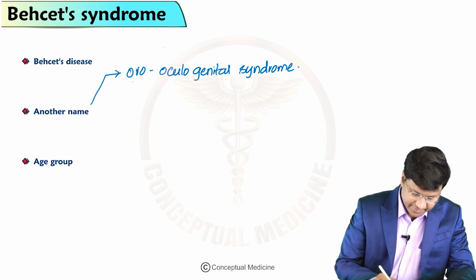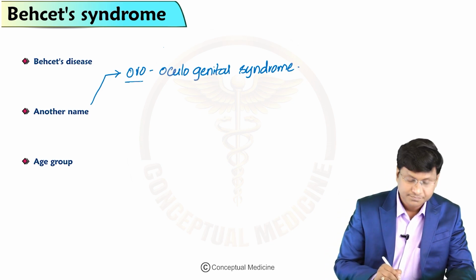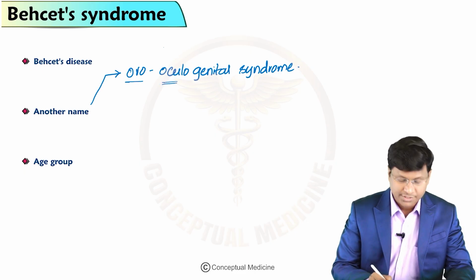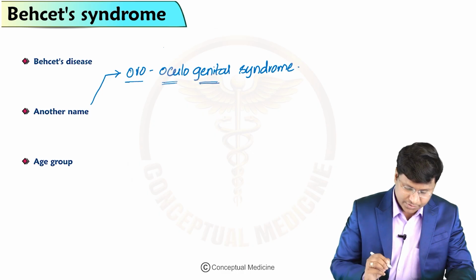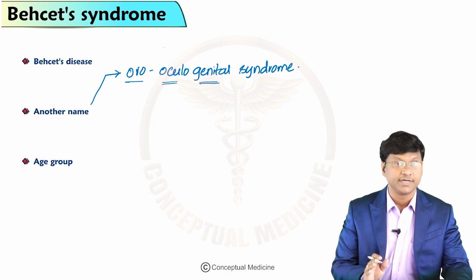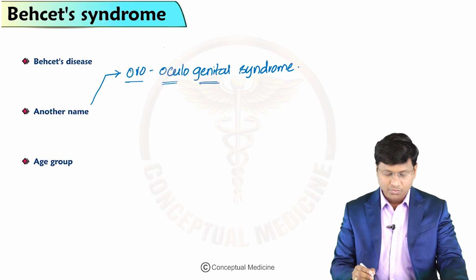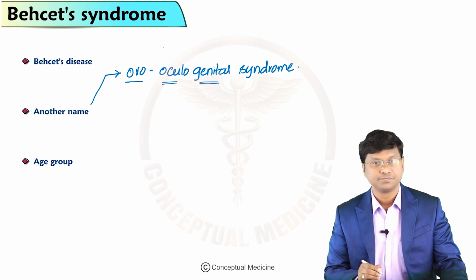In the sense, there will be ulcer formation within the mouth, there are also ocular manifestations in the form of anterior and posterior uveitis, and there are also recurrent genital ulcers, and that is the reason why it is called oro-oculogenital syndrome.